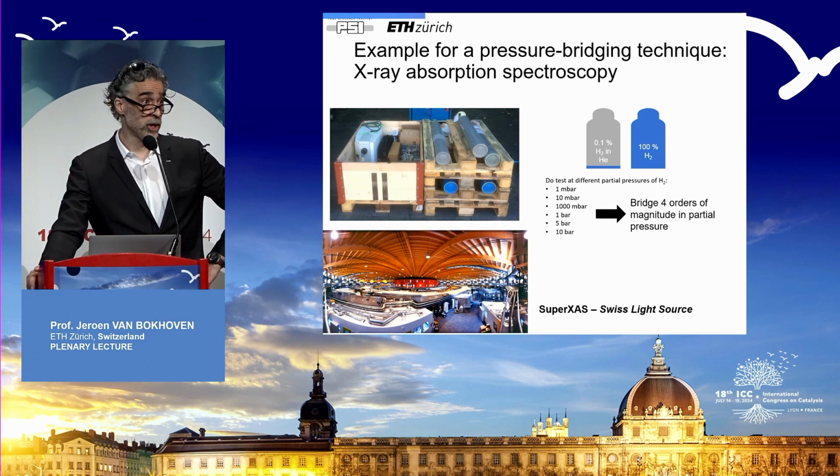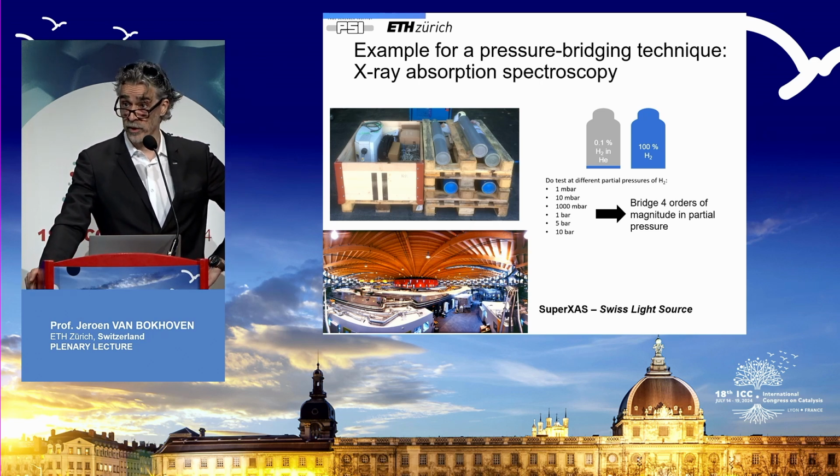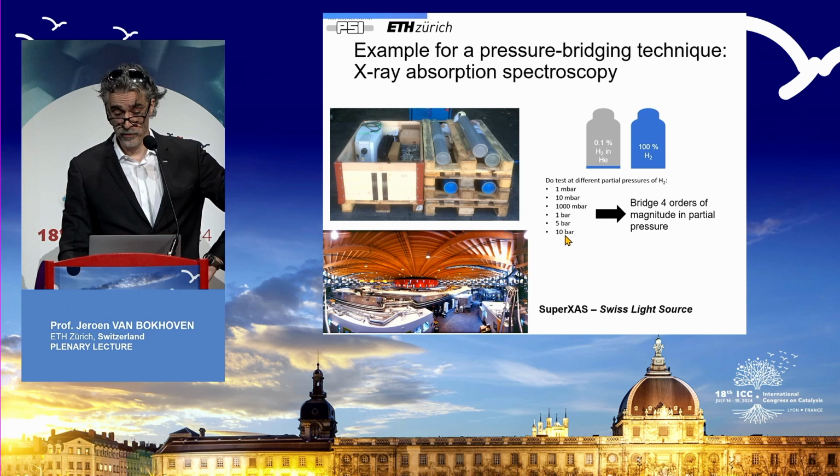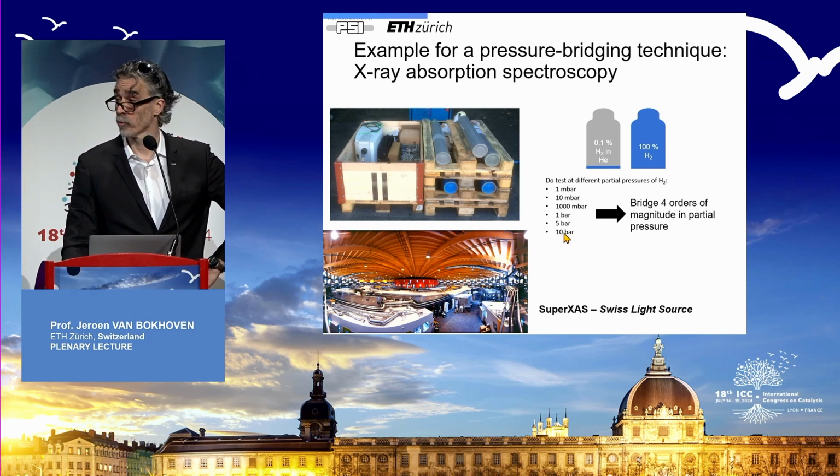Here I will show you the temperature programmed reduction profiles at different pressures. We go from the millibar range up to 10 bar, and nowadays we can go even higher than that. So we're bridging 4 orders of magnitude in pressure, and we simply look at the structure of both the copper and the zinc.